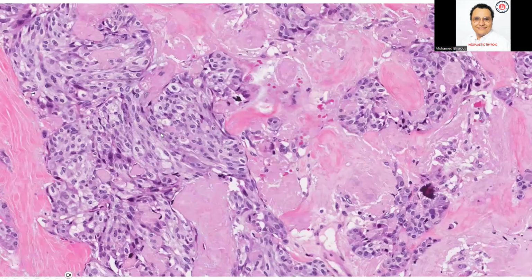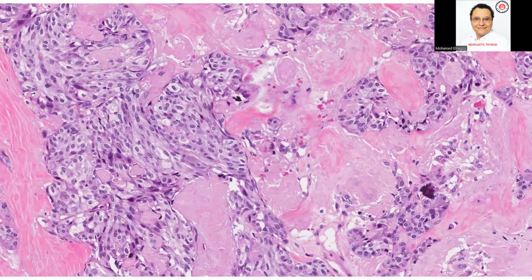So the question here is, what is the associated syndrome? Let me share the screen. What's the associated syndrome with this thyroid mass that you see here? So what I see here, it looks like a lot of sclerosis. Am I on the right track?